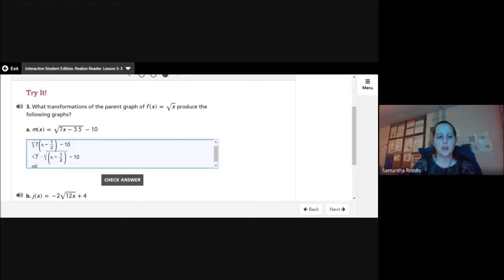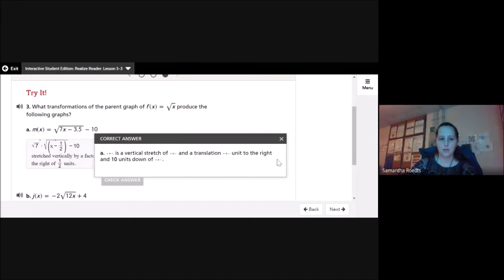So it's stretched vertically by a factor of the square root of 7, with a shift down of 10 units and a shift to the right of 1/2 unit. Okay. 1/2 unit to the right and 10 units down.